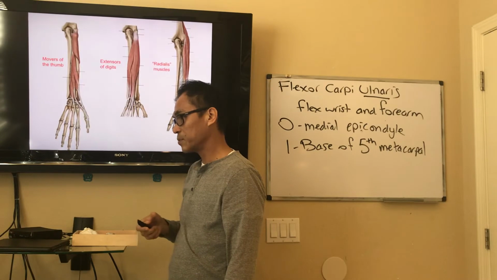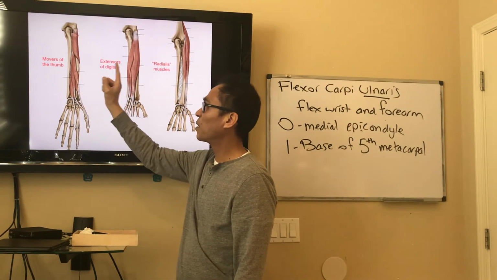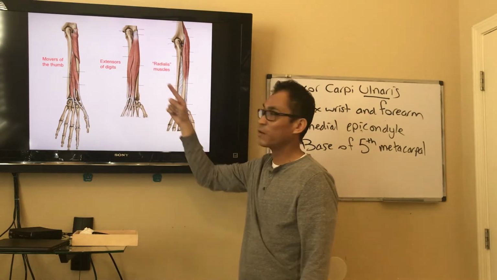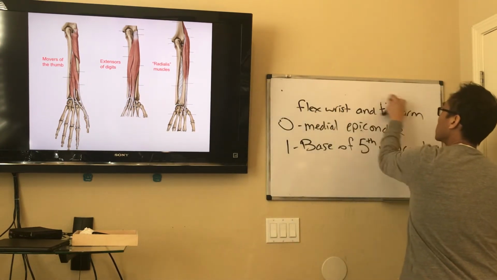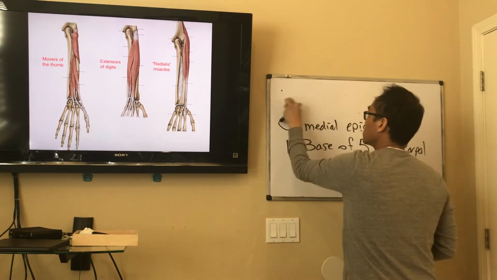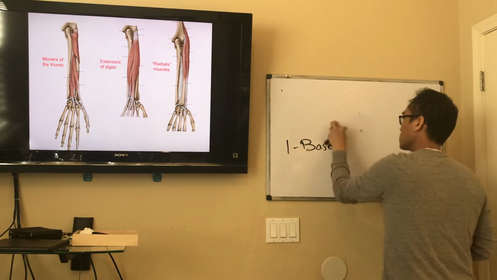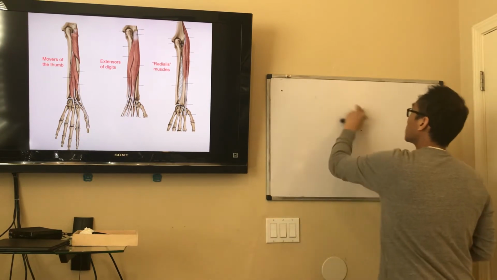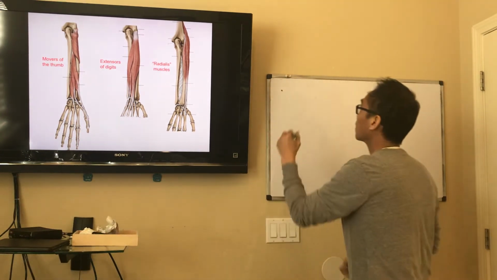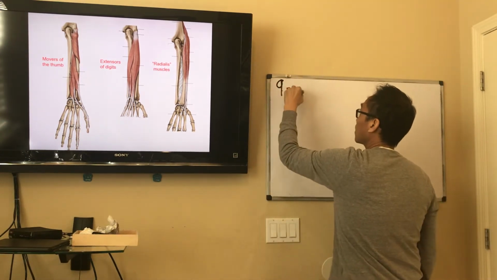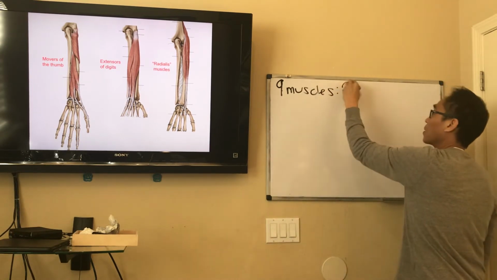Just categorize them this way. 3, 3, and 3. 3 movers of the thumb, 3 extensors of digits, 3 radialis muscles. So 9 muscles in posterior forearm.